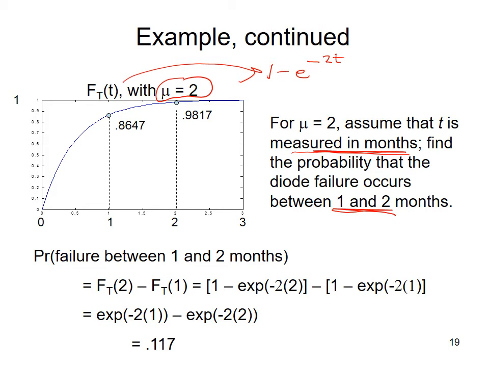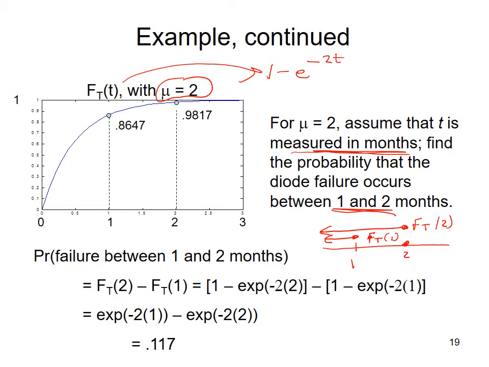It's like on the number line, I want F of 2, which would be all the probability over there, F_T of 2. And I want to be between 2 and 1 month. And then F_T of 1 would be over here, all this probability, that's capital F_T of 1.